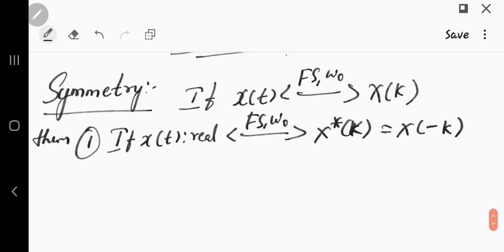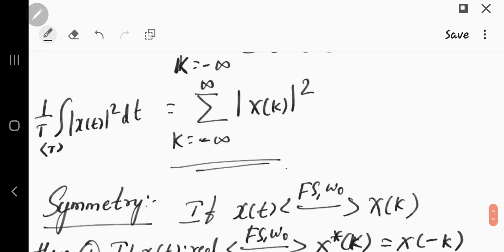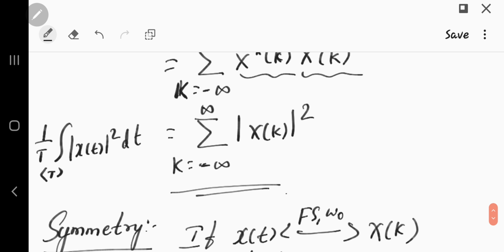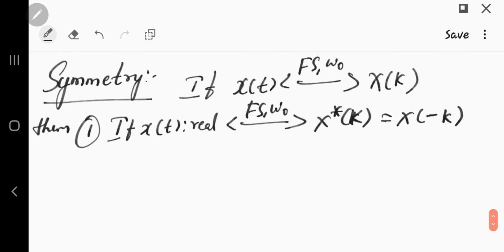That is why here we represented both x of k and x star of k. If you take the magnitude, it will be x of k whole square.